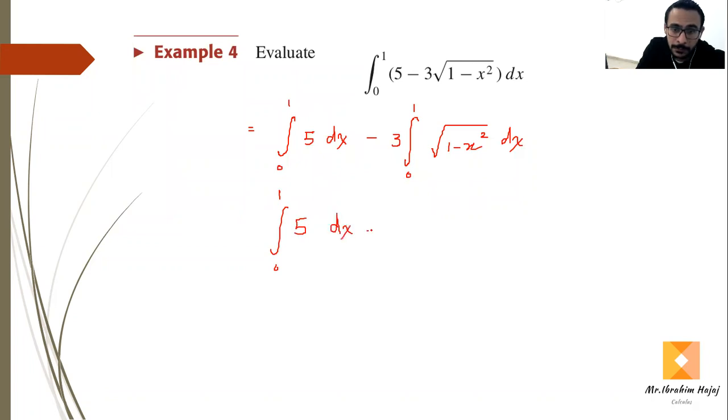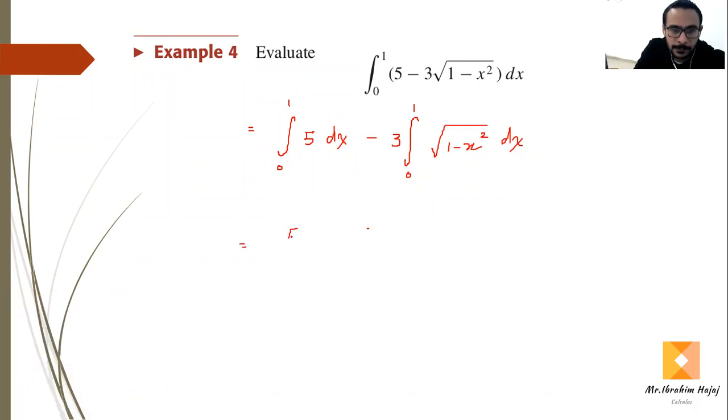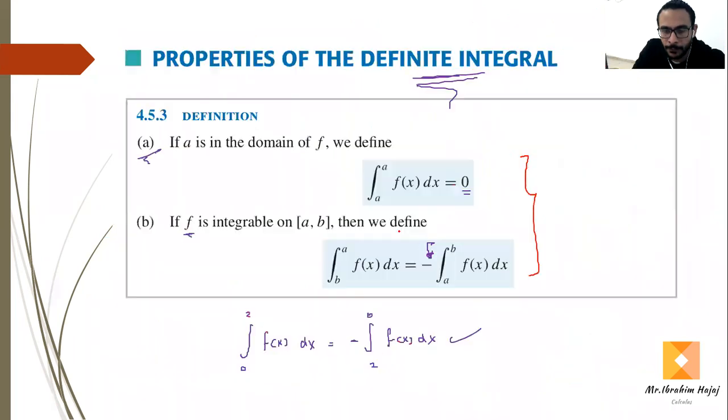So from 0 to 1, the integral of 5 is 5x. The antiderivative is 5x, and from 0 to 1 it gives 5. Then it's minus negative pi over 4, because that one we flipped. It was the integral from 1 to 0 of pi over 4, from the previous question, and when we flipped it, it becomes negative from 0 to 1.